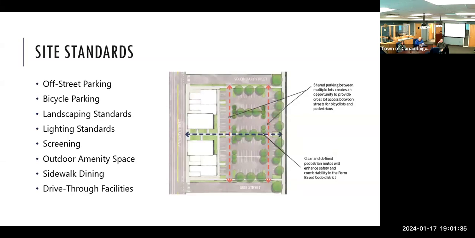Site standards, right? There are quite a few, introducing outdoor amenity space, introducing bike parking requirements. I don't know if any of these have popped up yet or been triggered by any of the applications thus far, but I'd be curious if there were any issues. Uptown Landing, they've been in a couple times with just sketches, ideas, concepts.